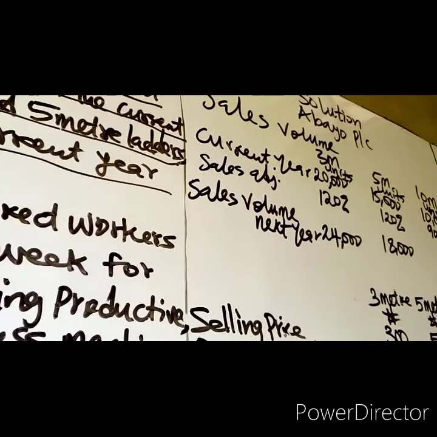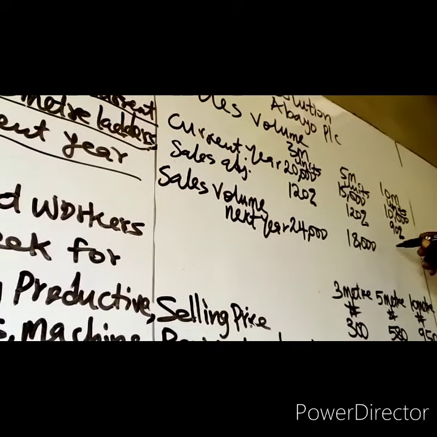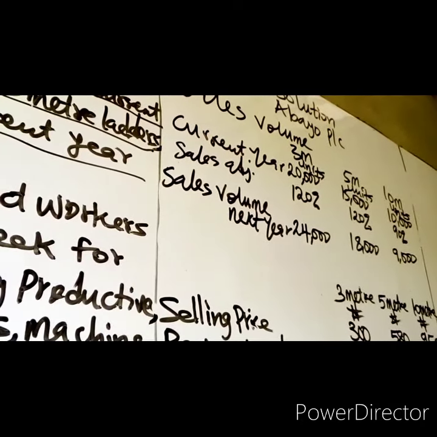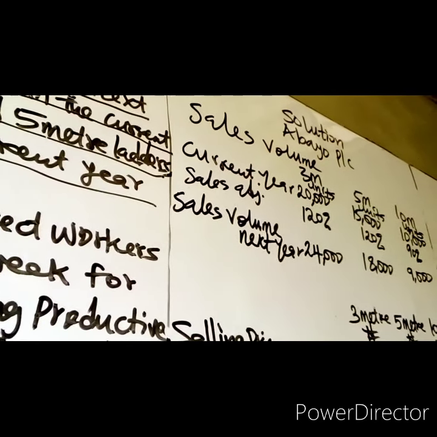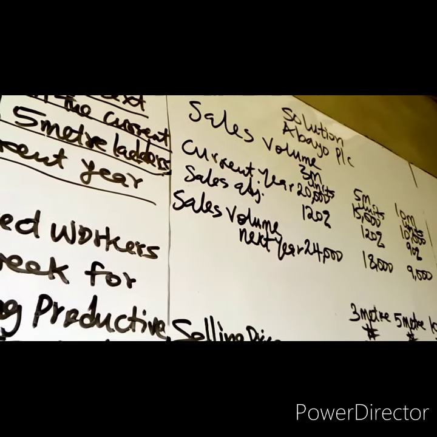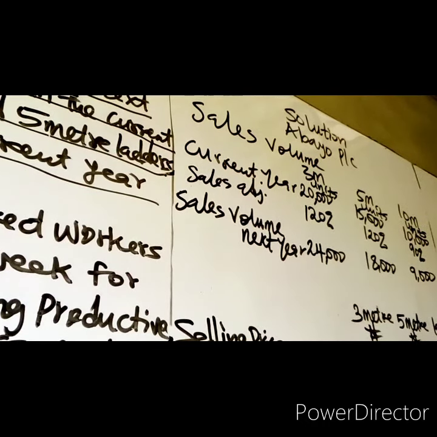And for 10 meter ladder, calculate 90% of 10,000, that will give us 9,000. That is the sales volume for 3 meter, 5 meter, and 10 meter ladder.